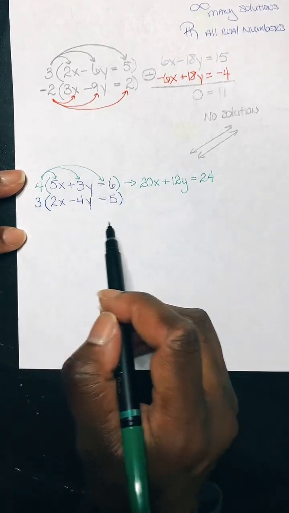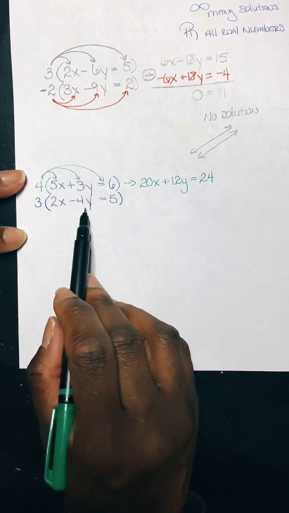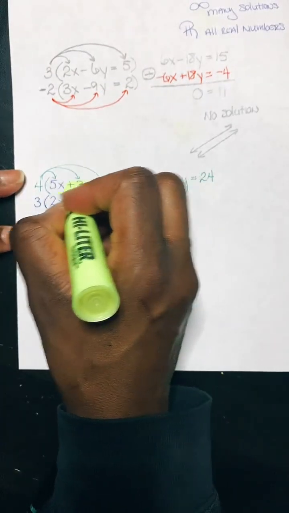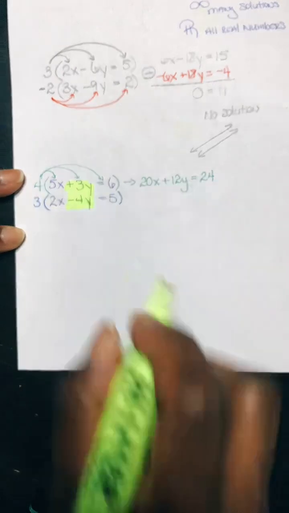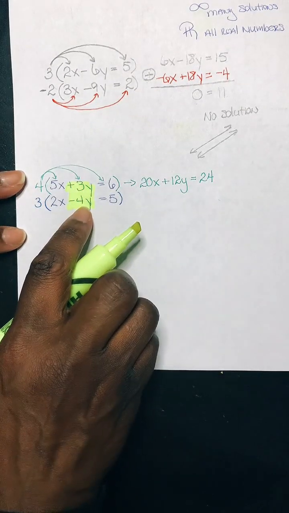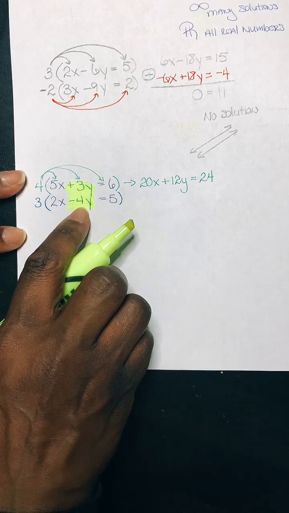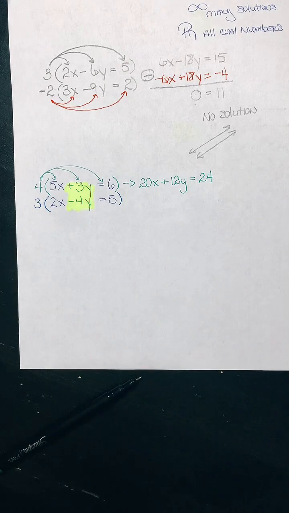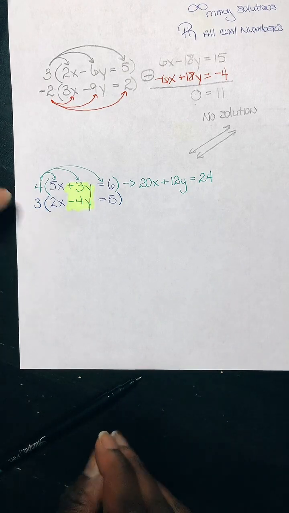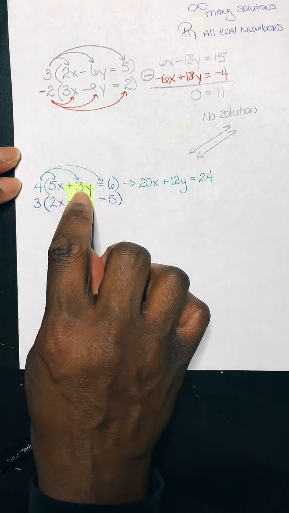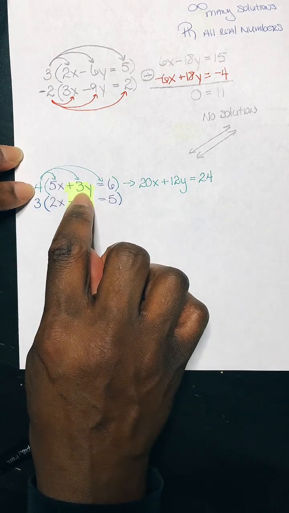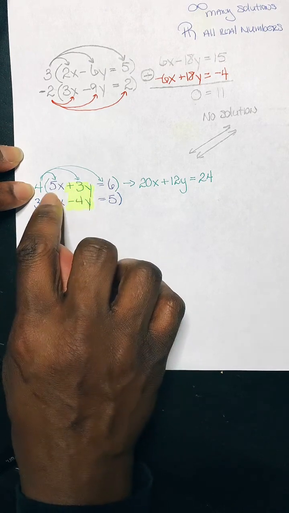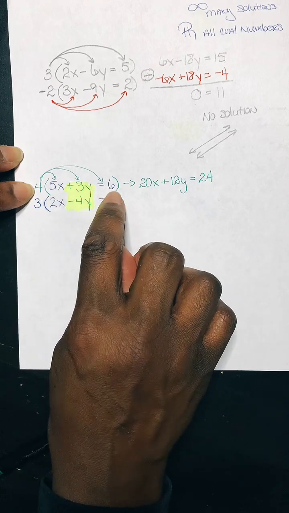So where did the 3 and the 4 come from? If I want to eliminate my y's, the number that 3 and 4 have in common is 12. I want to make that 3 into a 12, and this 4 into a 12. The only way I can make this 3 into a 12 is to multiply it by 4. But I can't just multiply the y by 4, I have to multiply the whole equation.